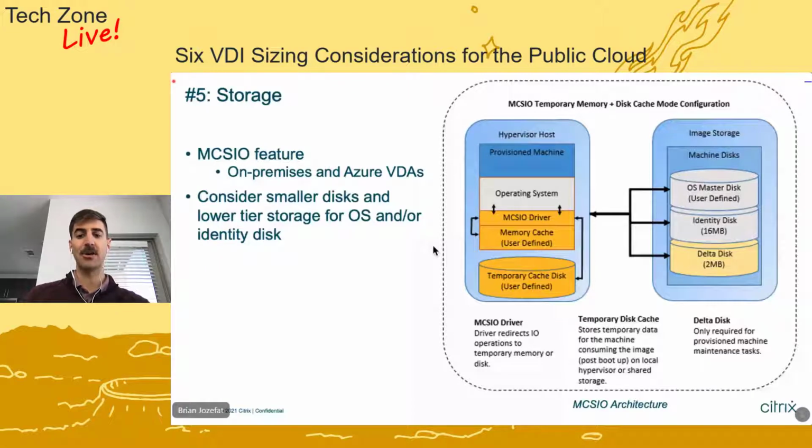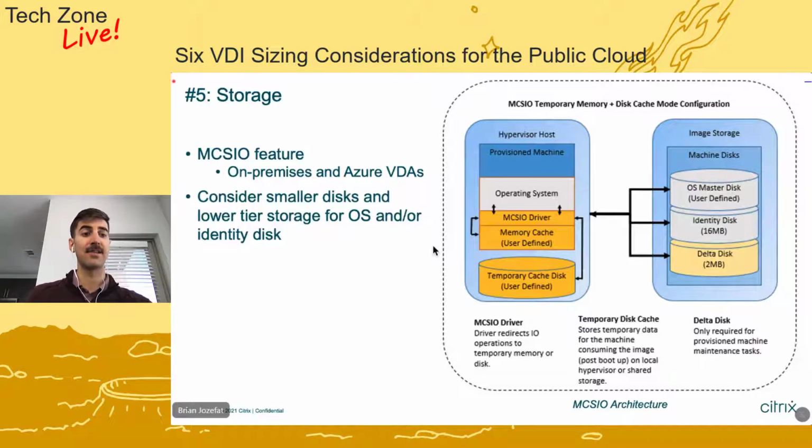MCSIO is a technology that closely mirrors the PVS cache in RAM with overflow to disk technology, where machine writes are written to a reserved portion of the machine memory and then overflown to a disk.